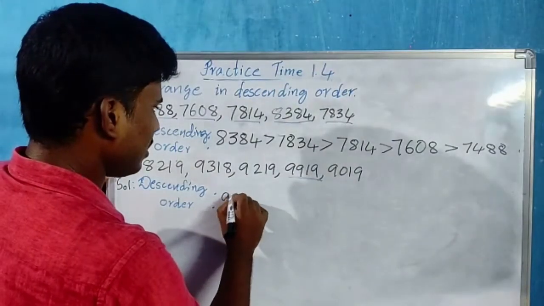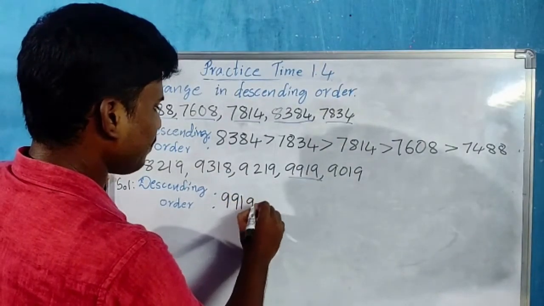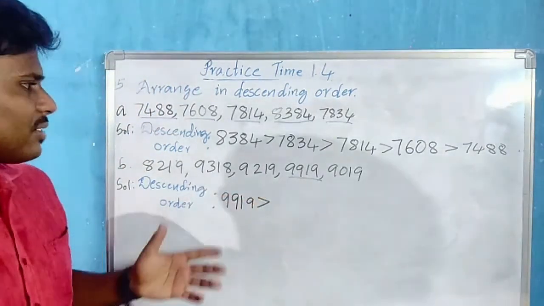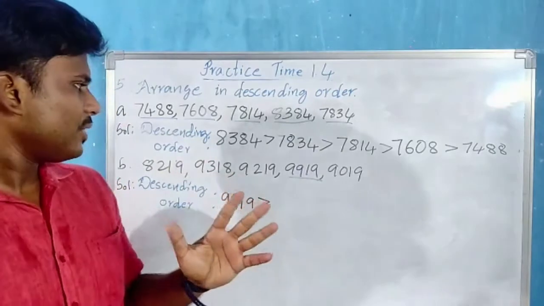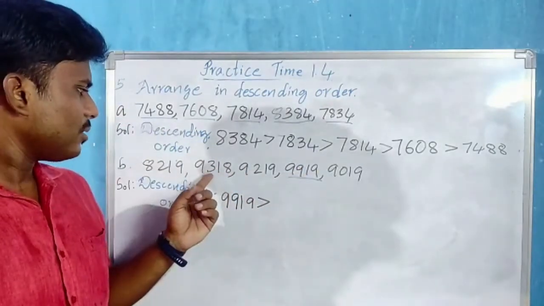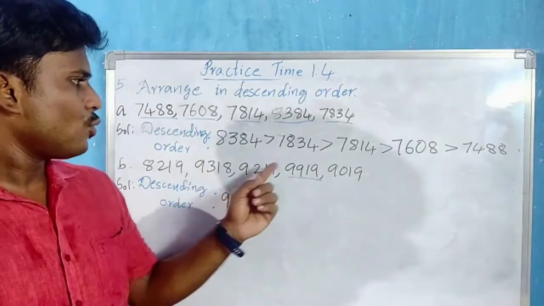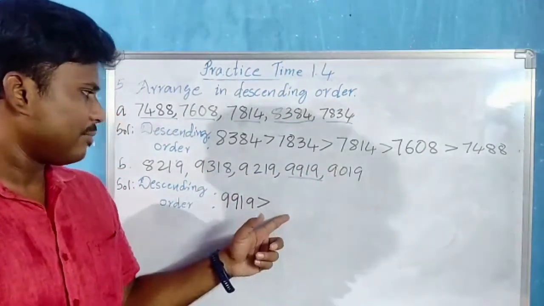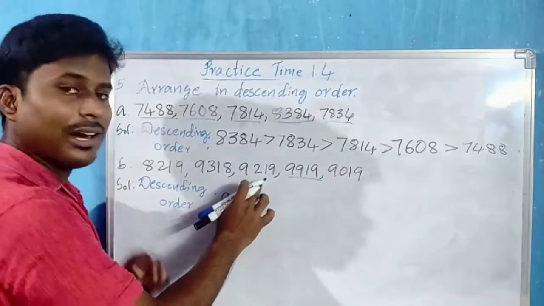So 9919 is greater than. Starting with 9, we have 3 numbers, 1, 2, 3. Let us go for the hundreds place again. 3, 2, 0. So this number will become the second greater number and this number will become the third greater number.